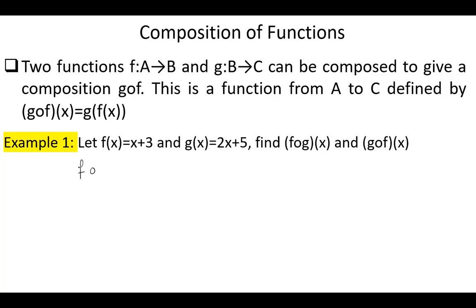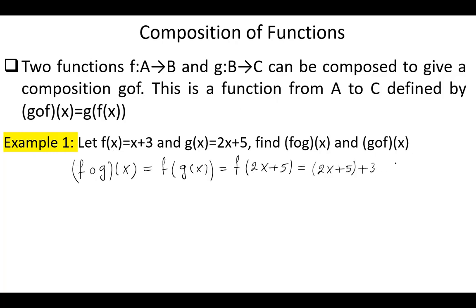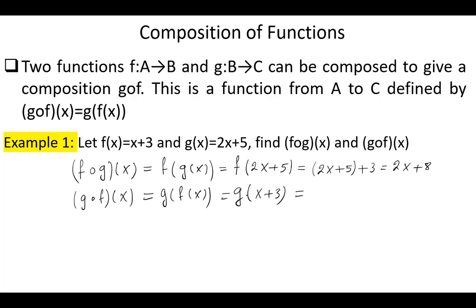(f compose g) of x equals f of g of x, where g of x equals 2x plus 5. Now in the function f, instead of x, we substitute 2x plus 5. So 2x plus 5 plus 3, which is 2x plus 8. And (g compose f) of x equals g of f of x, which is g of x plus 3.